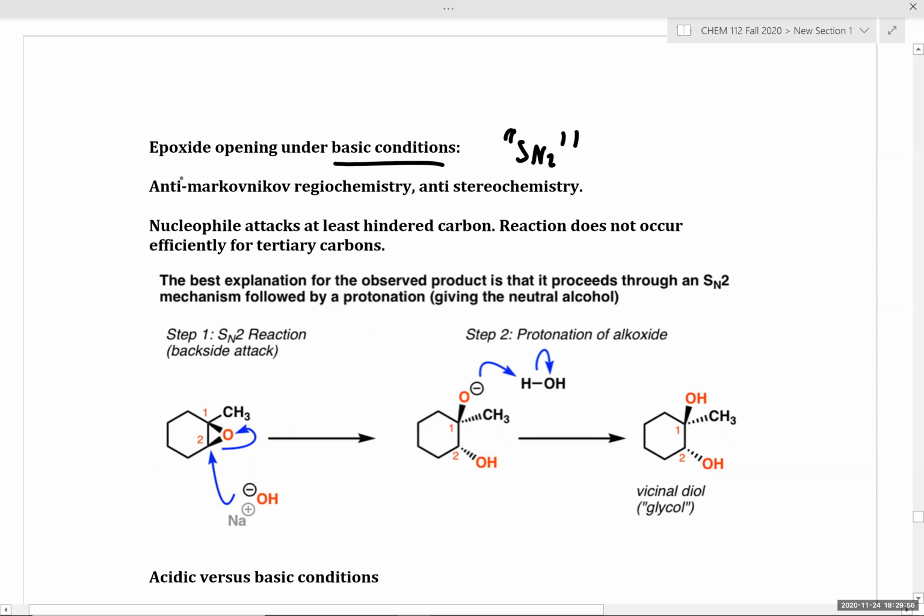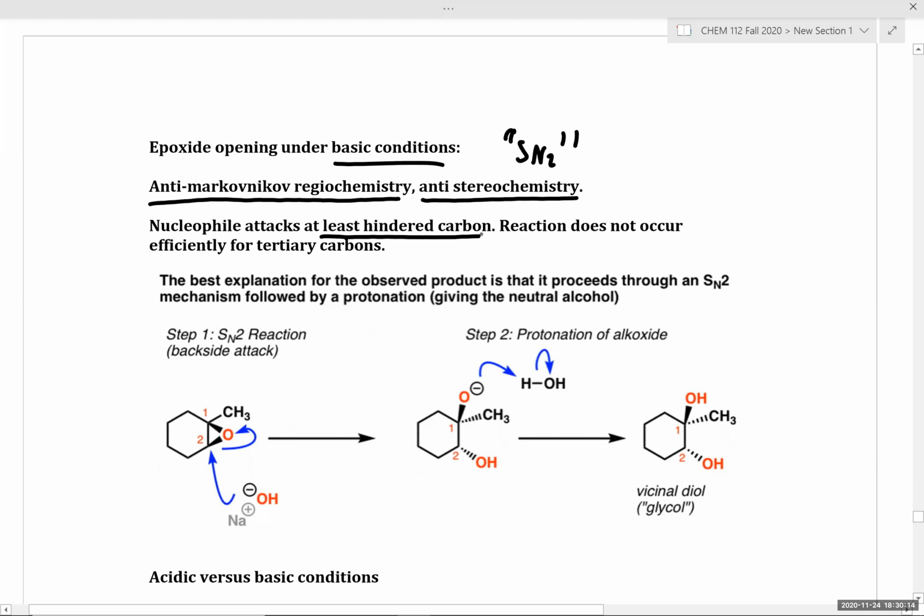So, under basic conditions, epoxide opening occurs with anti-Markovnikov regiochemistry and anti-stereochemistry. In this case, the nucleophile attacks the least hindered carbon.